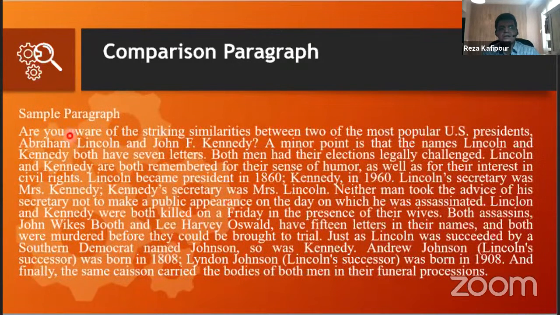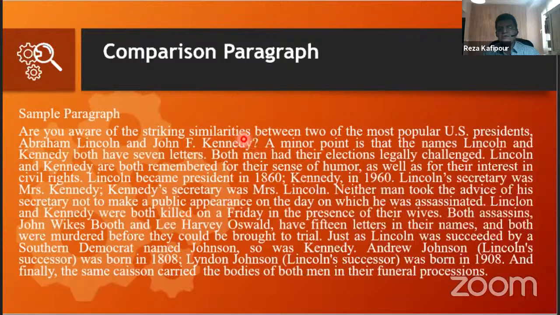So let's see a sample paragraph based on the structures and concepts we worked on. Are you aware of the striking similarities between two of the most popular US presidents, Abraham Lincoln and John F. Kennedy? So actually it is a topic sentence in the form of a question.